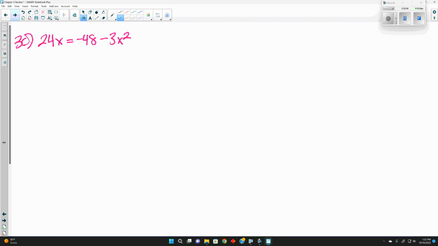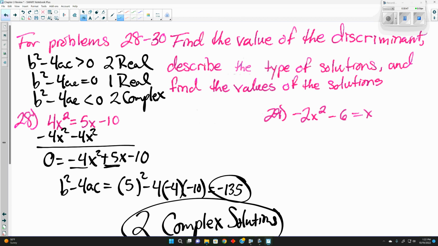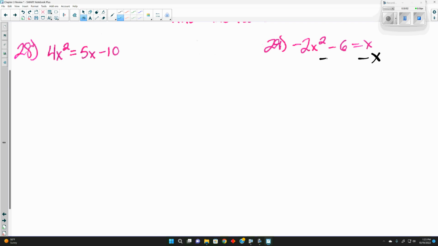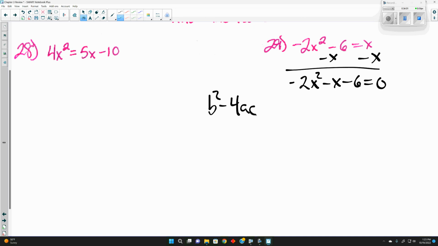It's the exact same thing. So could we do 29? It's x on the other side. It's probably the same thing, but in my opinion, it's not the same. So, b squared minus 4ac. What's the value of b? Negative 1, minus 4 times a, which is negative 2, times c, which is negative 6.